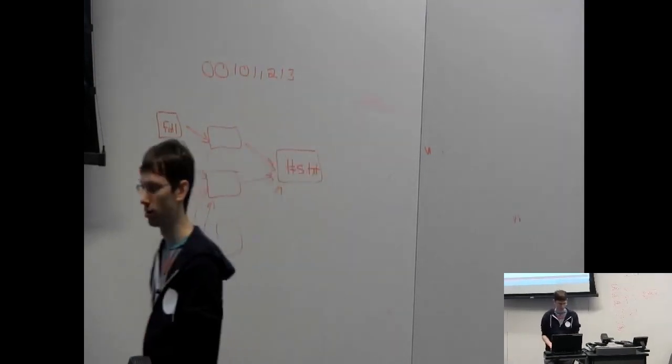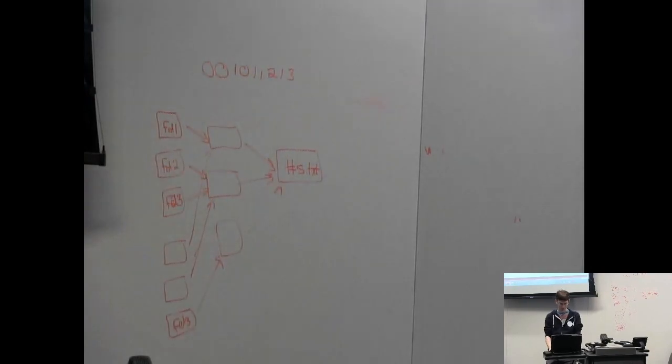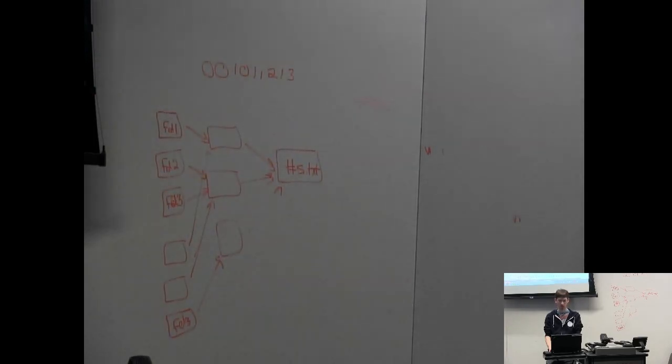Okay, so let's see. Now, are there any other orderings? So we got an ordering. Is this the only one? Yes, because we have the wait, which means that there's only one ordering that the child and parent are going to execute in.